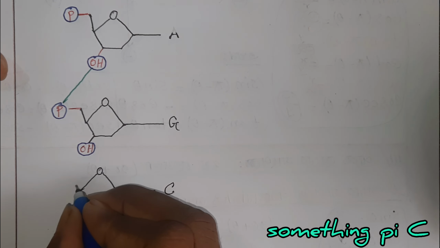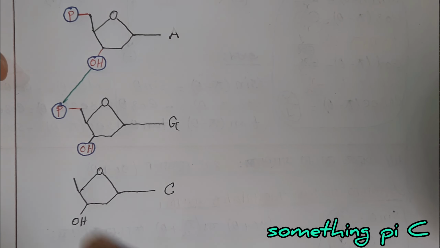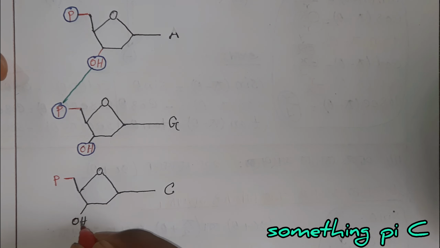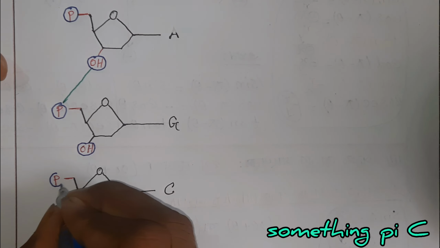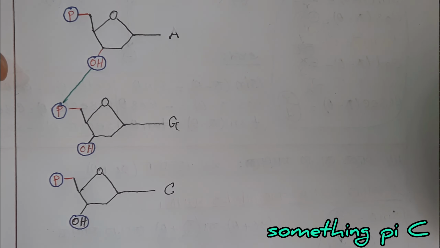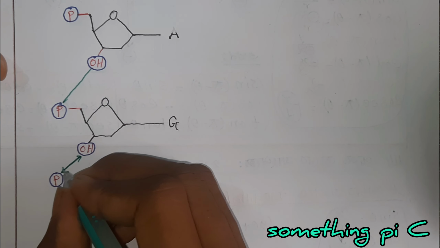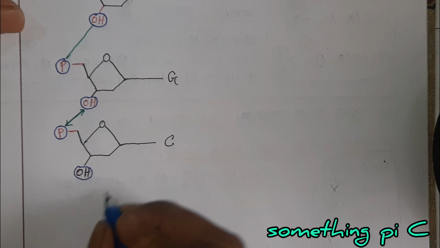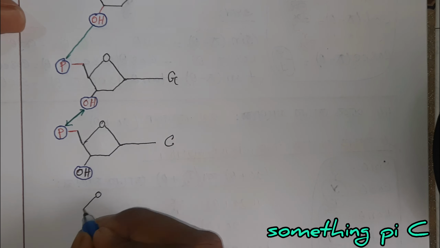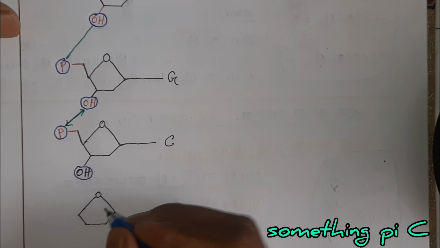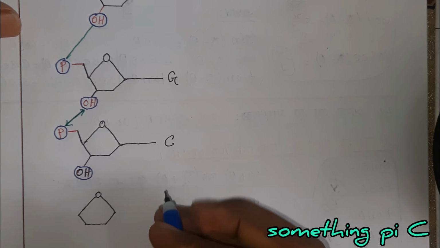Every nucleotide will connect with another nucleotide with these types of phosphodiester bonds. This is the third nucleotide, and similarly carbon number 1 is connected with a nitrogenous base, carbon number 3 has an OH group, and carbon number 5 has a phosphate group, and similarly the phosphate group and OH group are connected with each other by a phosphodiester bond, and this is nucleotide number 4.